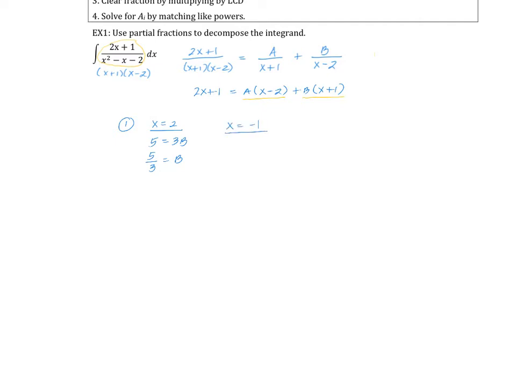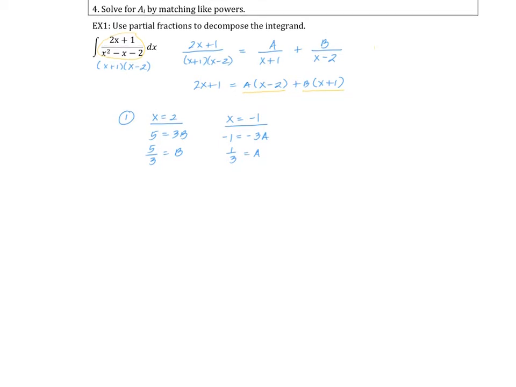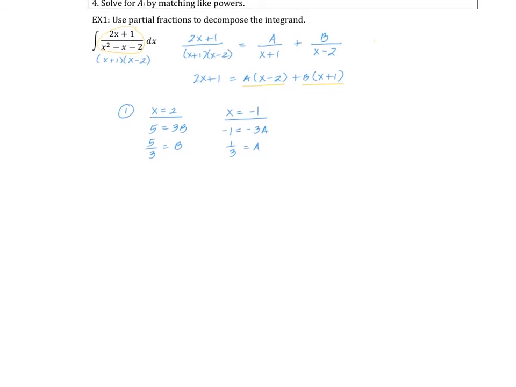If x is equal to -1, the equation becomes -1 is equal to -3A. A is equal to 1/3. And I'm done. So I can break up this integrand into 1/3 over x plus 1 plus 5/3 over x minus 2.